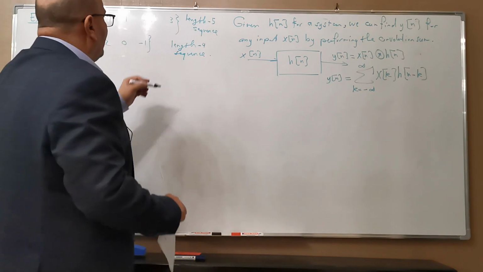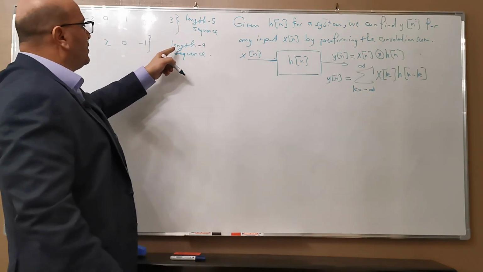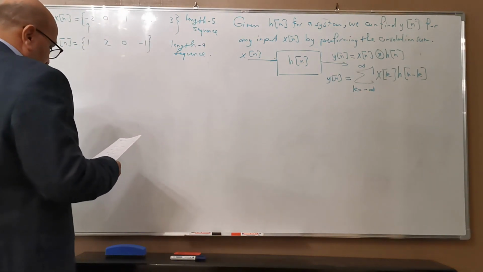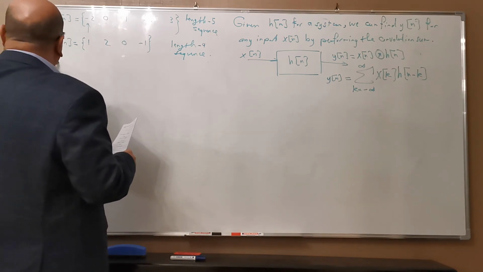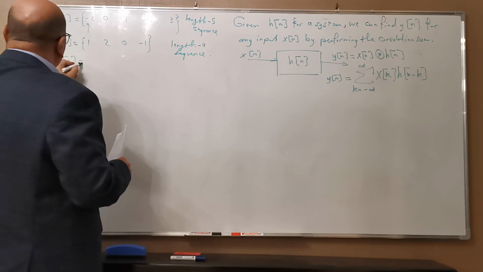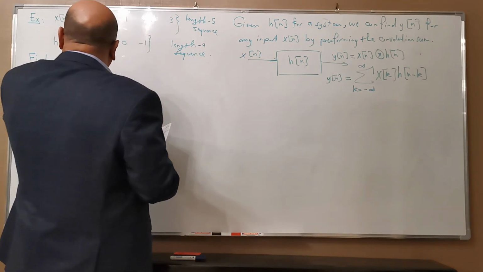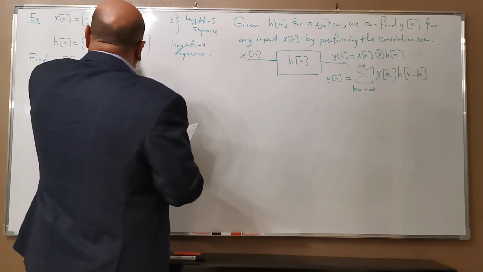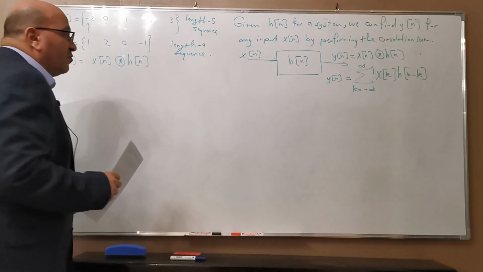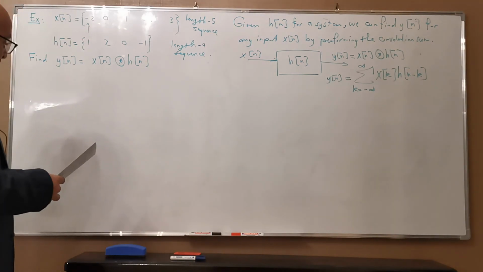So you have a length 5 sequence, and this one is a length 4 sequence. And we need to find y of n, which is equal to x of n convolve with h of n. We need to do the convolution sum for those two.